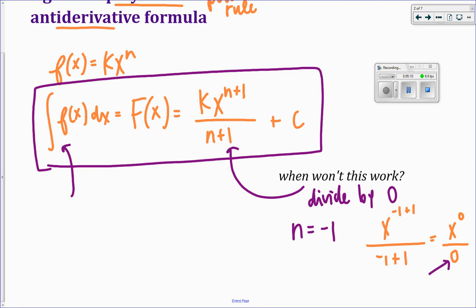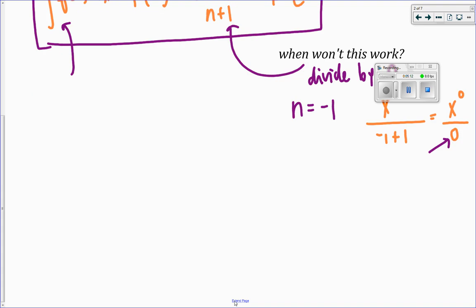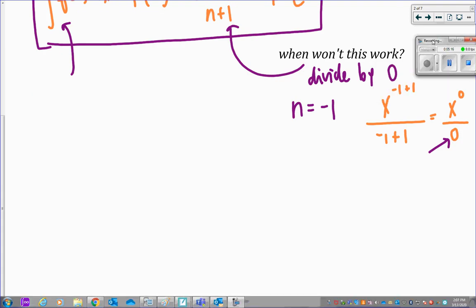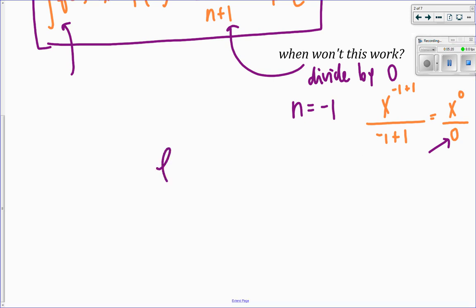What function are we talking about then? We're really talking about a function that looks like this. A function we all know and love, x to the negative 1, or 1 over x.